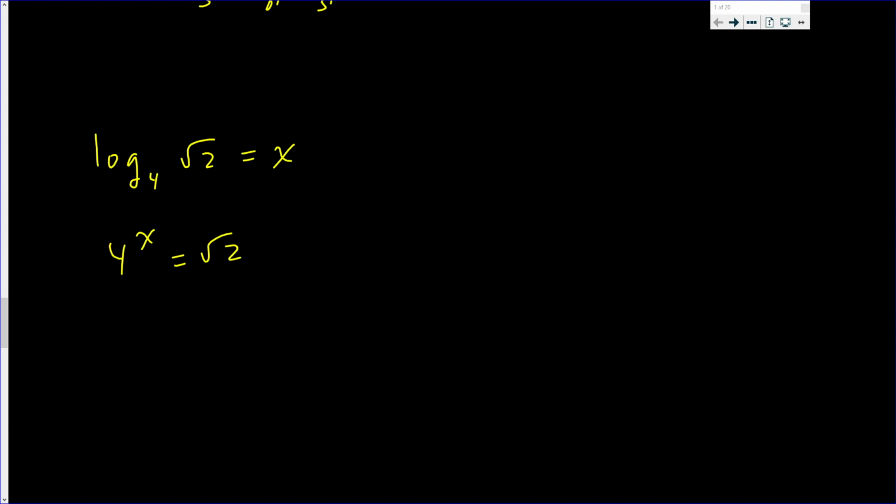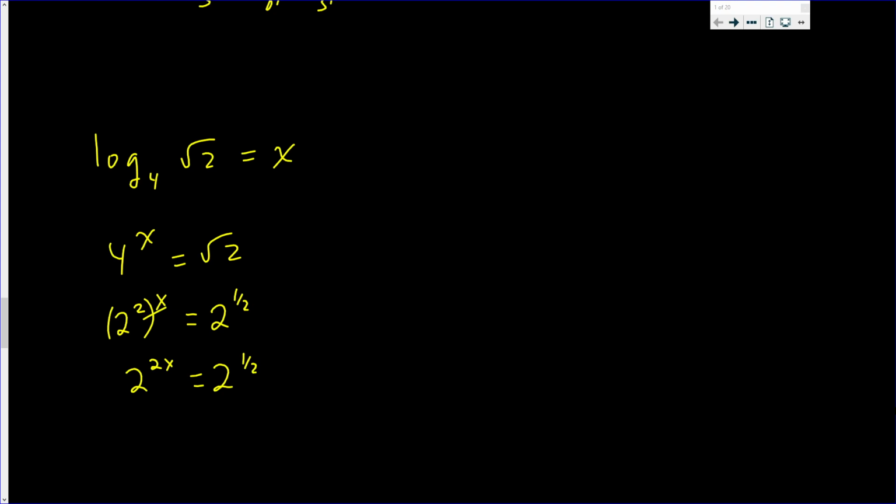But you know what? I can write both the left side and the right side with a base 2. For example, the right side is 2 to the half. And 4 is 2 squared. But I have to raise that to the x. But here you multiply the powers. 2 times x is 2x.